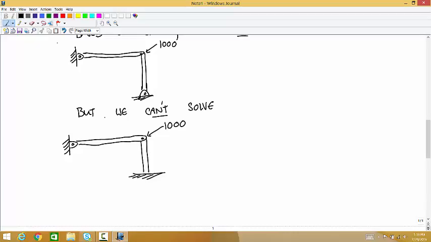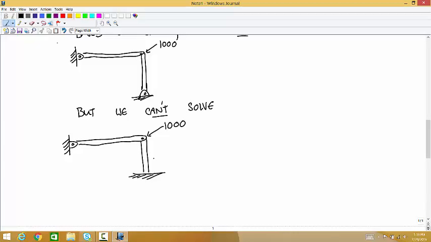But that's kind of unsatisfying to not be able to solve that, because you can easily imagine putting this structure together, and it's hard to believe that the loading wouldn't be consistent, the deformation wouldn't be consistent from one time to another. It looks like a perfectly reasonable thing to put together.